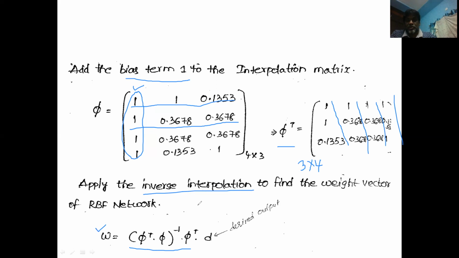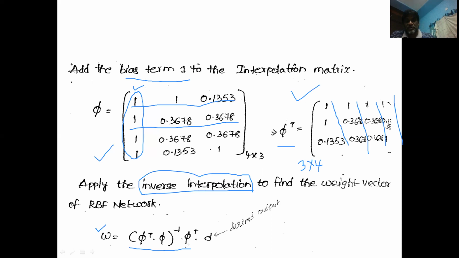Therefore, to make the vector sizes uniform so that we can perform the multiplication, we need to perform this inverse interpolation on the corresponding interpolation matrix. How it is done, please remember this formula. The formula for inverse interpolation is phi power t, that is the transpose of phi, which we already calculated, into phi, this matrix, whole inverse, into phi power t again.